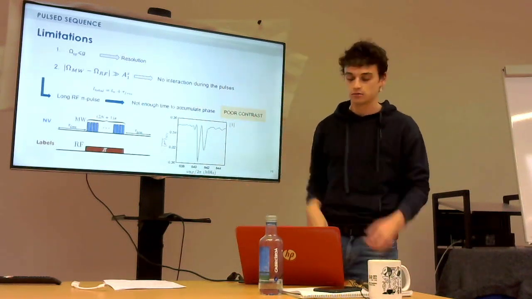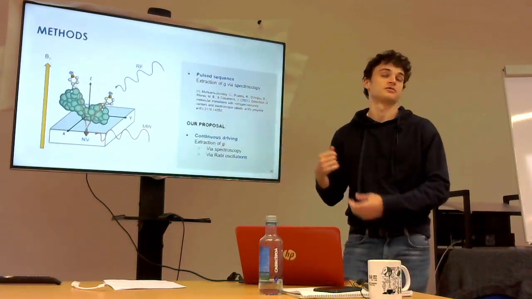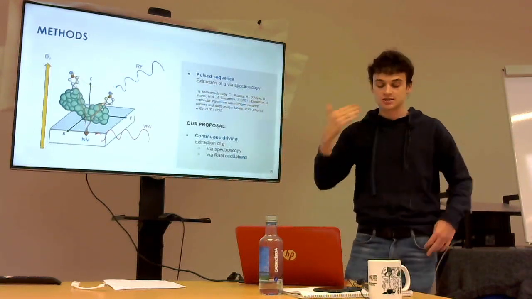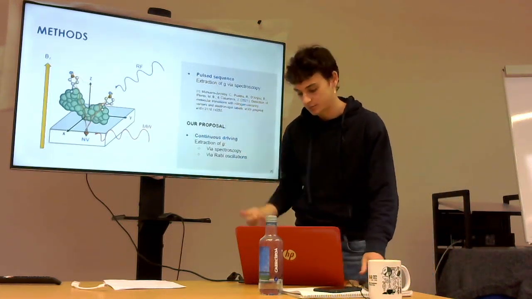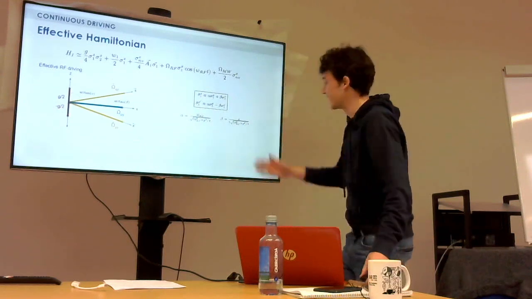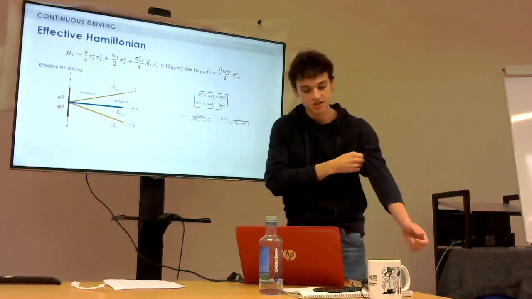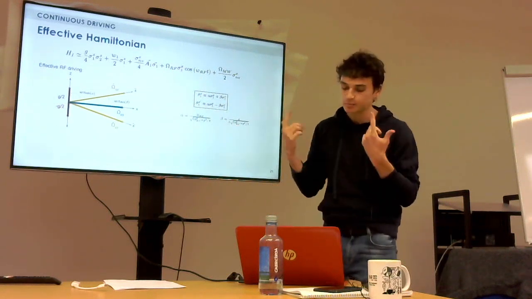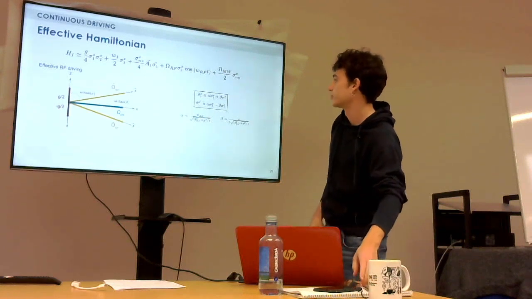So let's see now what we can do to improve this. As I said, instead of applying a pulsed sequence, what if we apply the drivings during all the time? Well, we can do this, starting again from the same Hamiltonian, because the system is the same, nothing changes. But now we keep in mind that the drivings are all the time on.